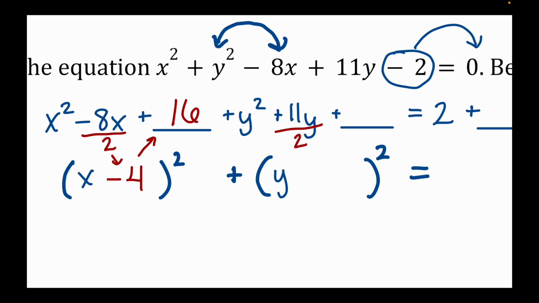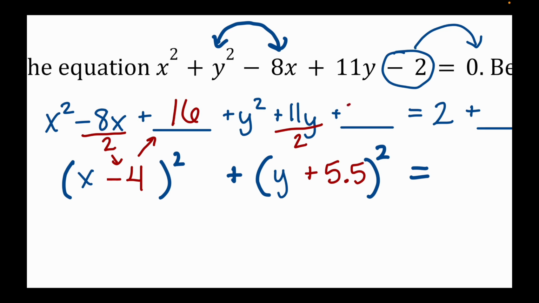This looks like where the 5.5 stuff comes in. 11 divided by 2 is 5.5. So we're going to say plus 5.5. And 5.5 squared is going to be an interesting number, but we don't actually need to find the radius, because here they're just asking us to find the center.